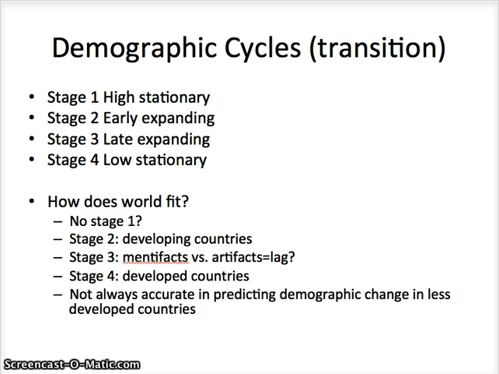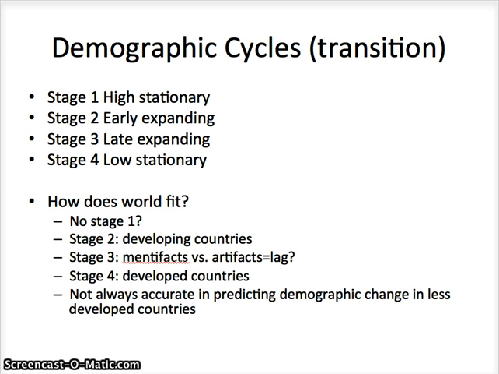It's not always the most accurate in predicting demographic change, particularly in less developed countries, because there are several things that could alter that. You could have a disease outbreak, you could have a civil war, you could have a new military, you could have a change in political leadership, and that could dramatically change the stage that a country is in.